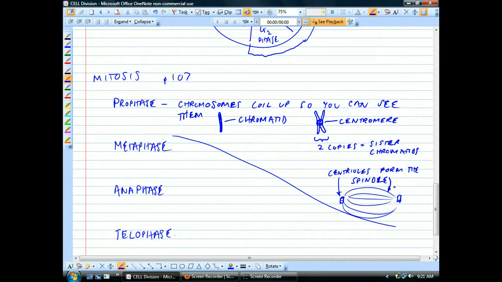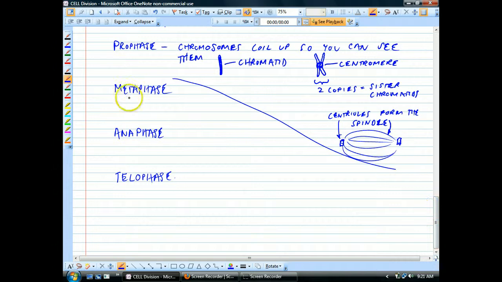Now, in metaphase, when you think of metaphase, think of middle. Okay? Because what happens in metaphase is that the sister chromatids line up across the middle of the spindle. Like that.